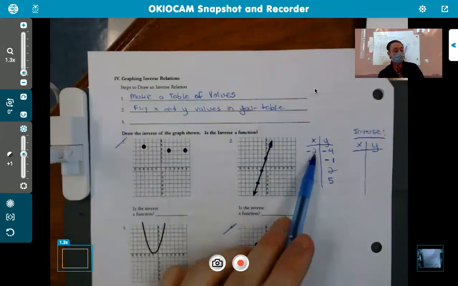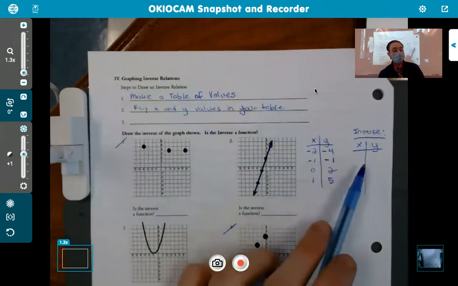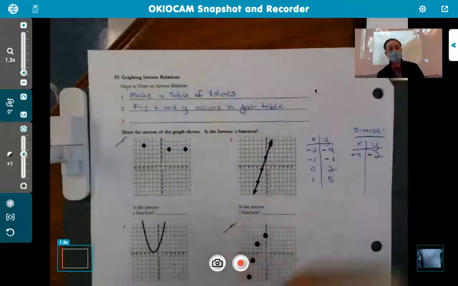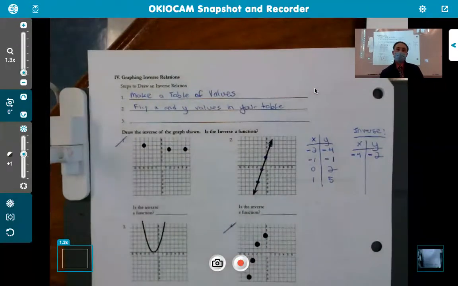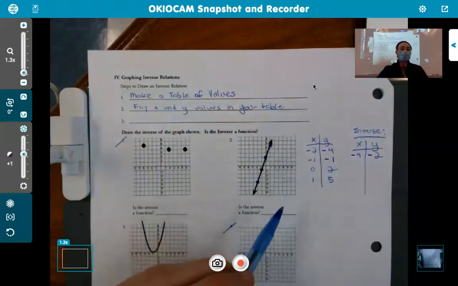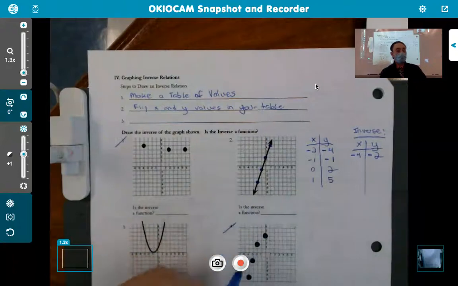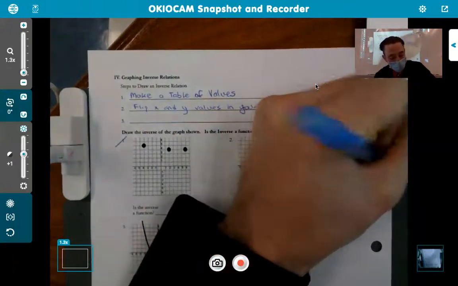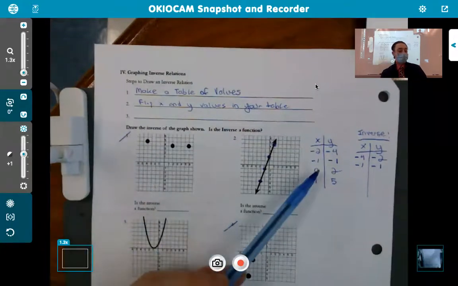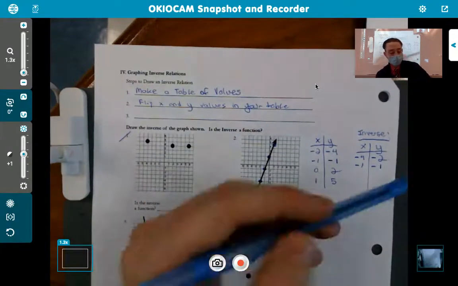So instead of -2, -4, my X value is going to be -4, and my Y value is going to be -2. -1, -1 doesn't really change, right? It's going to be the same thing regardless. Instead of 0, 2, I'm going to have 2, 0.